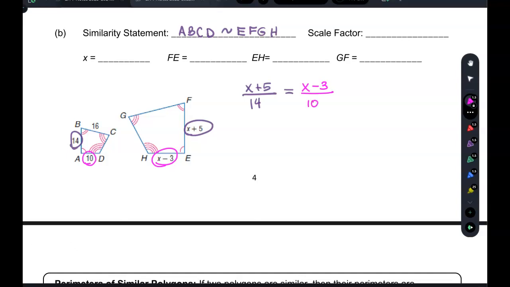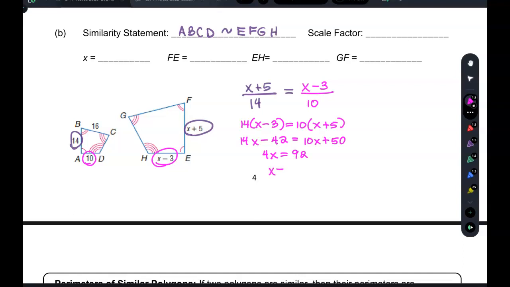And now we want to cross multiply. So I have 14 times x minus 3 equals 10 times x plus 5. Let's distribute. And we get 4x equals 92. And then we're going to divide.